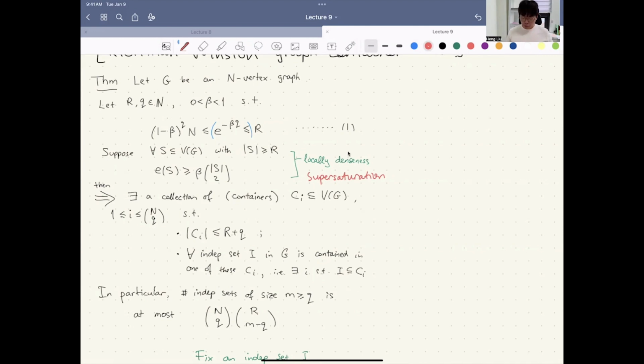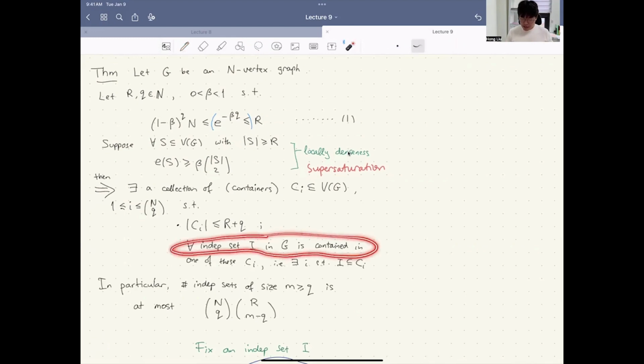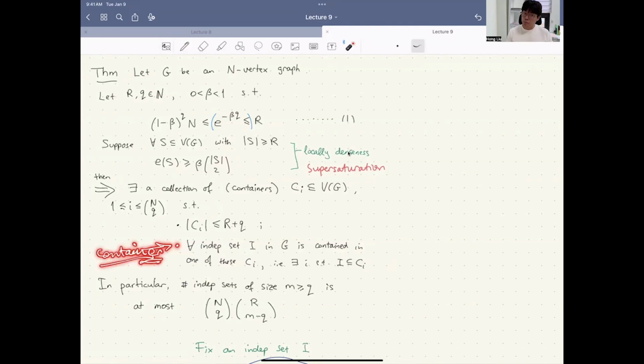What does it mean? Well, every independent set in the graph is contained in one of these containers, Ci. And this is the first property which justifies the name of container. It contains all the independent sets. Second thing is that each container is not too big.